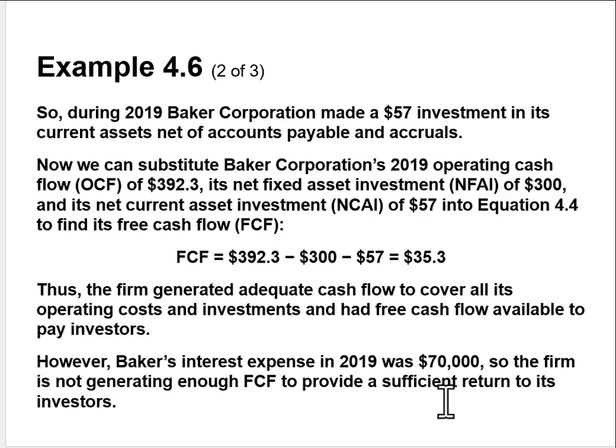Now, that doesn't mean they're going to default. It's just a signal. It's a red flag. And if we don't have enough money to pay interest, we also then don't have enough money to pay dividends. So again, this is a flag that investors, shareholders, and creditors are going to be concerned about this company's free cash flow position.